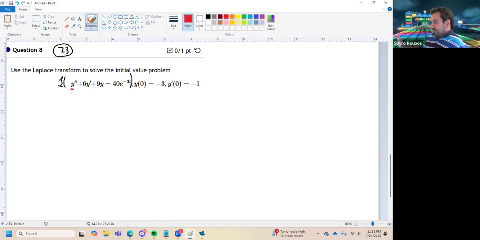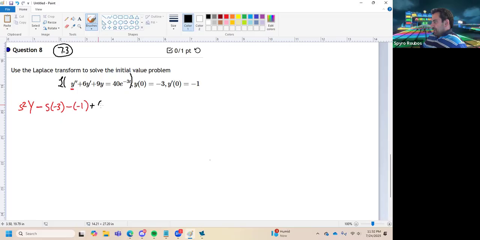And Laplace of y double prime, we have our formula: s squared Y, minus s times y of 0, which is the negative 3, minus y prime of 0, which is minus the negative 1.